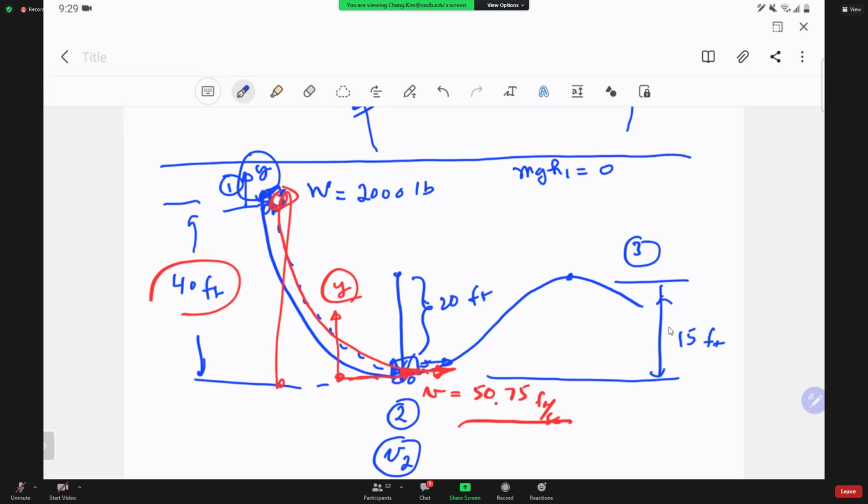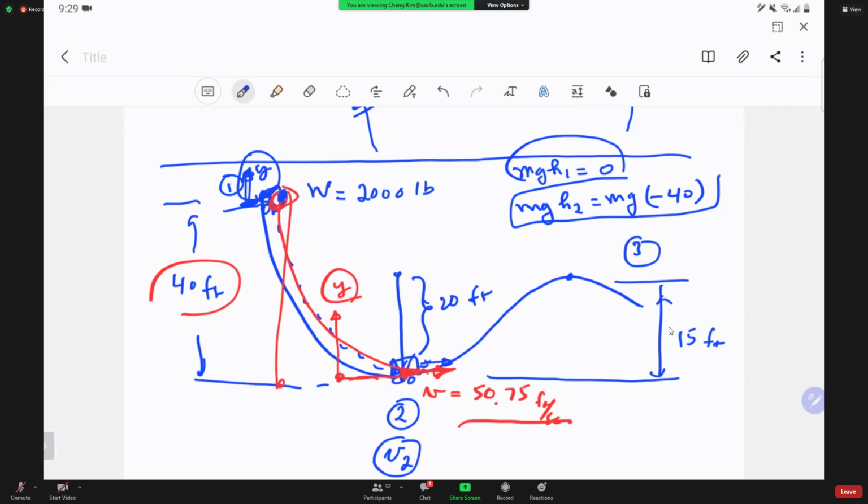The position of the cart or roller coaster with respect to your y reference, measuring the height from position 1, would be 0. But the mgh2, the mass times h, would be negative 40. So make sure that if you do that, then your calculation would be okay.